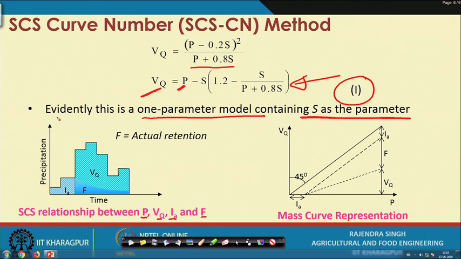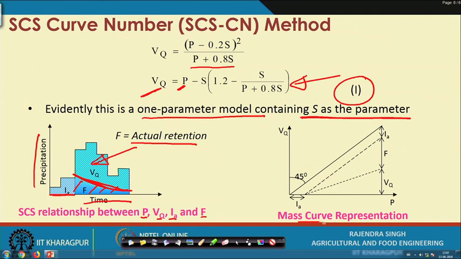If you plot precipitation versus time, then this is what we get. Over the initial period of time there will be initial abstraction, and then flow will start, but a part of that will first be retained here. So this F actually gives the actual retention, a part will be retained, and then whatever remainder is there will flow as surface runoff.